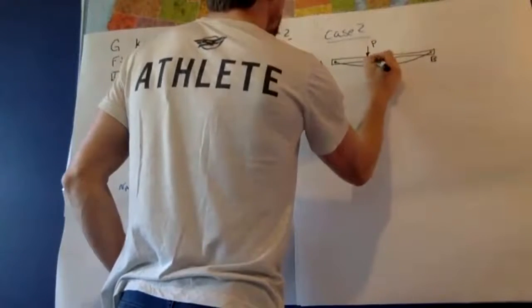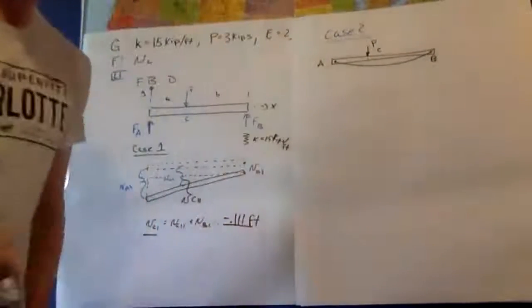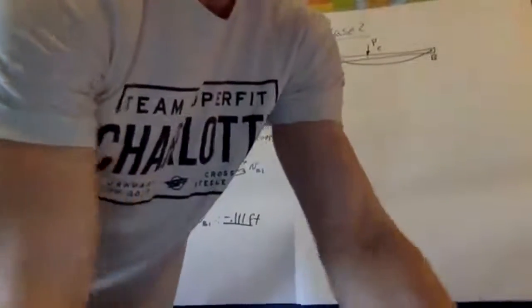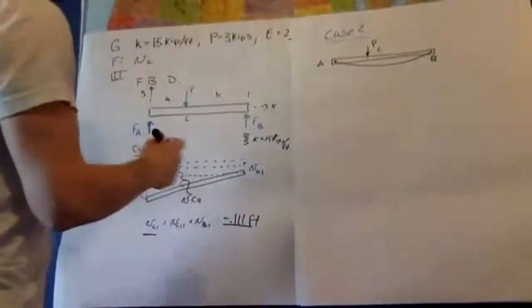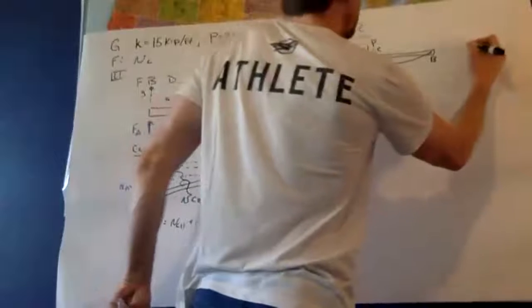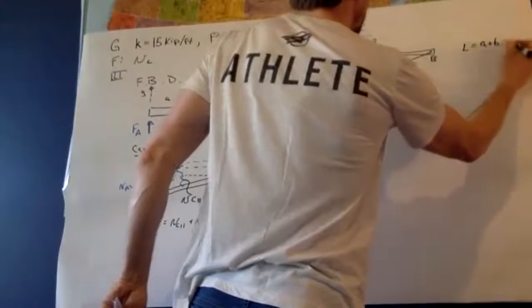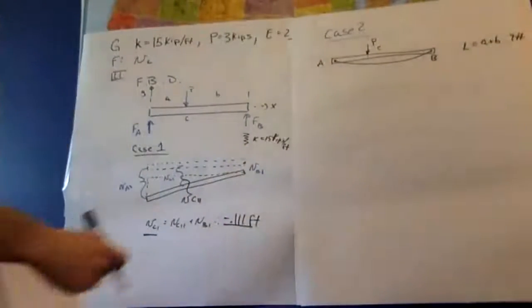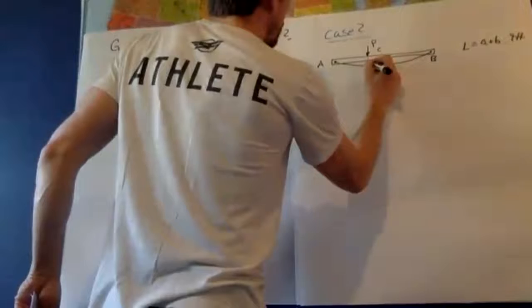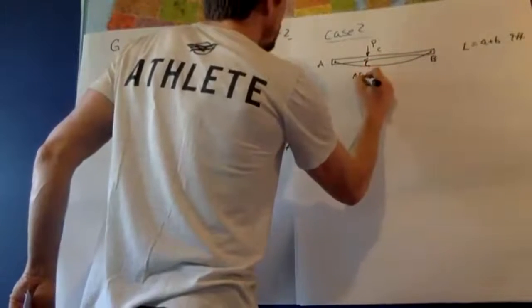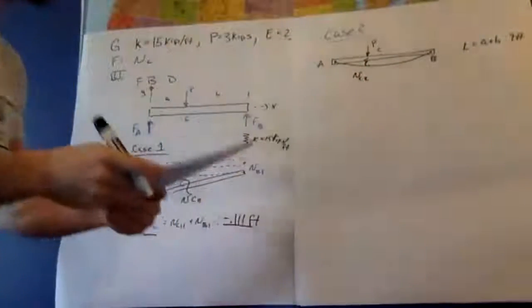We have P, this being C. So right from the back of the book, actually, the way I did it, we can do a couple things. One thing is we can say that L is equal to A plus B, and that's equal to 9 feet. And then we're just looking for what we call VC2 at that point.